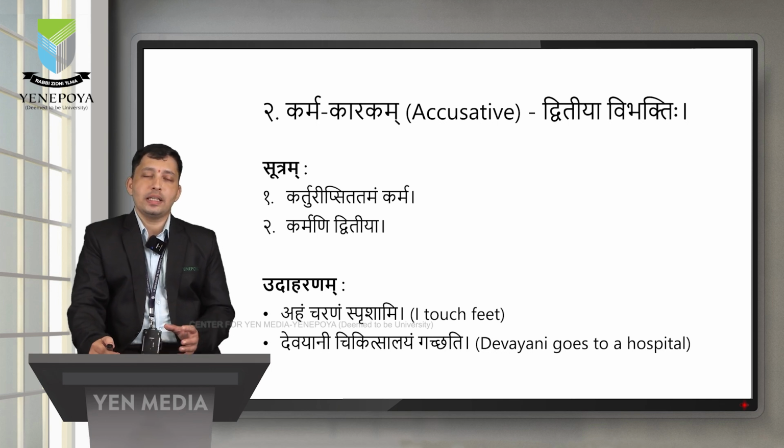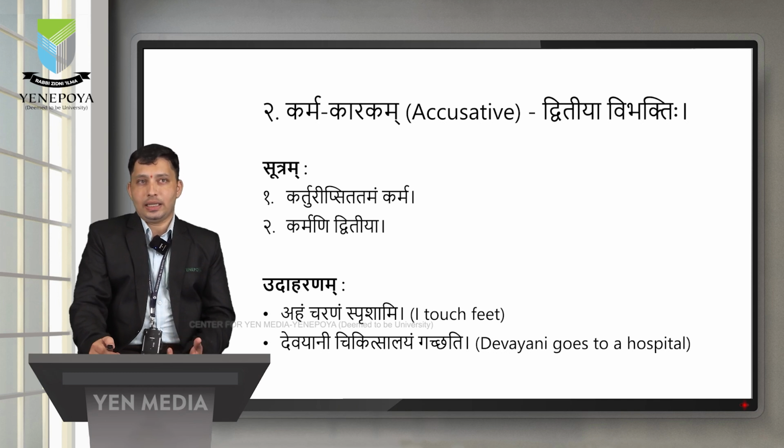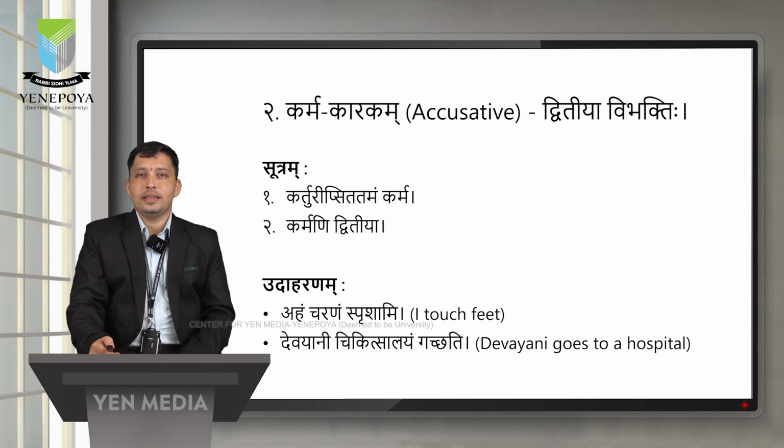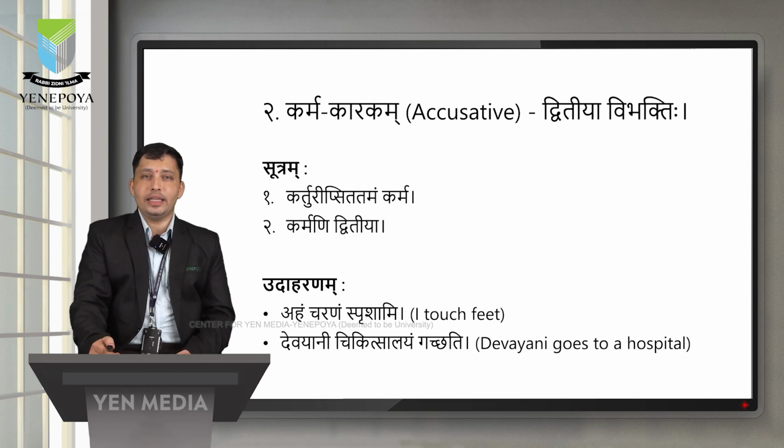Those words which represent the fulfillment of the action will get Karma Karaka. The second sutra, Karmani Dvitiya, means that words which represent Karma Karaka will always be in Dvitiya Vibhakti. So that's why Karma Karaka is always represented through Dvitiya Vibhakti.